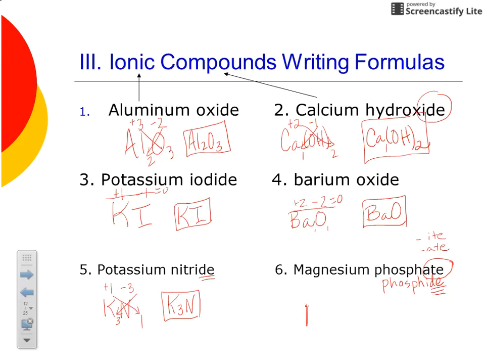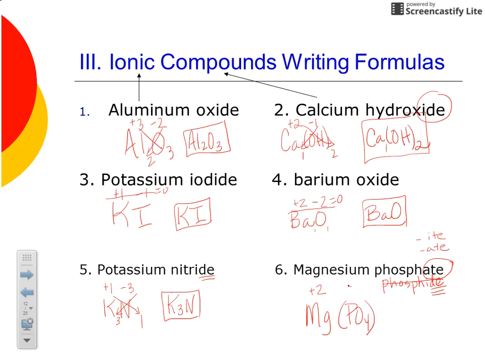All right, so symbols. Mg is magnesium. Since phosphate's a polyatomic ion, we're going to put in parentheses PO4. And you may be thinking, well, how am I supposed to know that? Remember, y'all, I said you just have to memorize your polyatomic ions. That's why we're quizzing on them this week. So magnesium is a +2 charge because it's in group 2A.